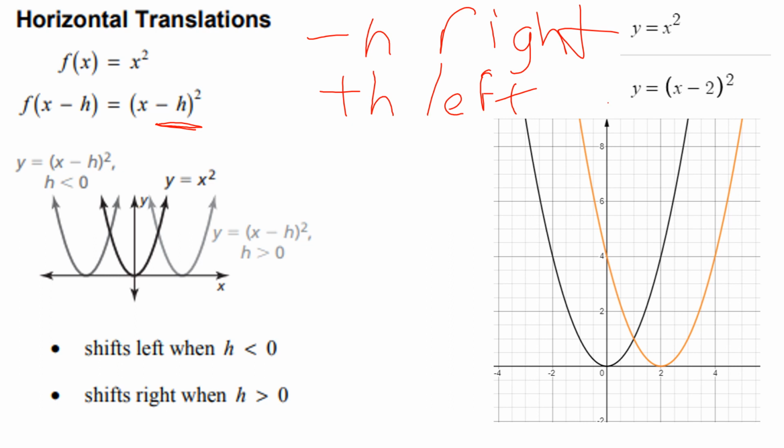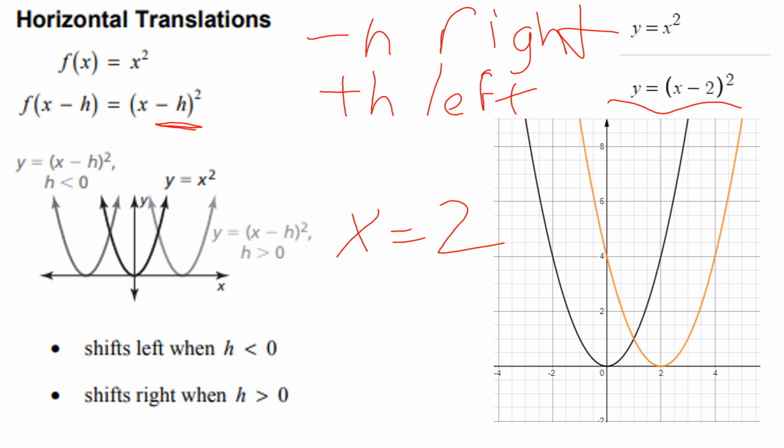For example, right here, if I was solving that, or putting it in a calculator, I would get something with H being positive 2 by solving it. But we're not going to go into the details of solving it.